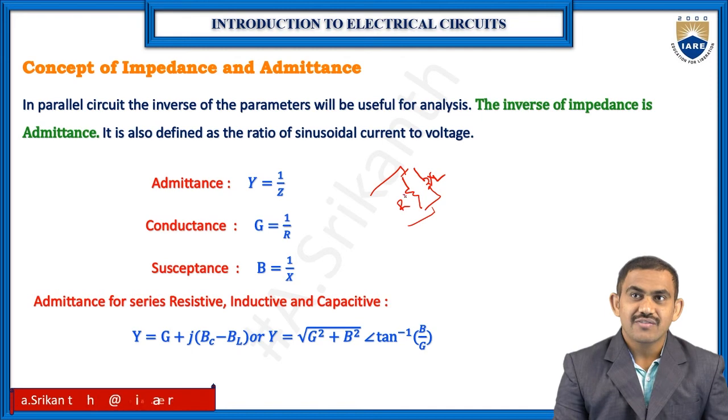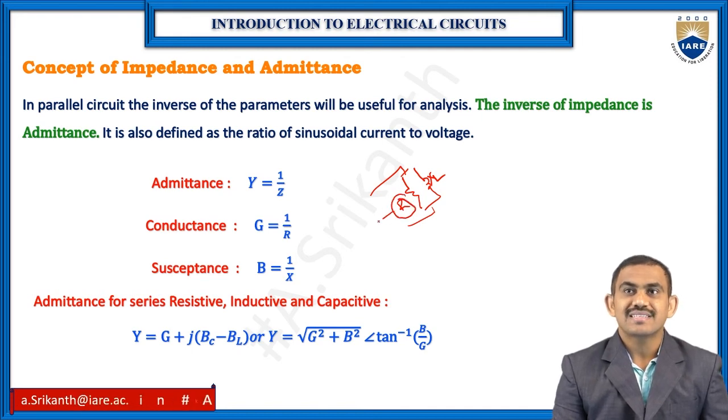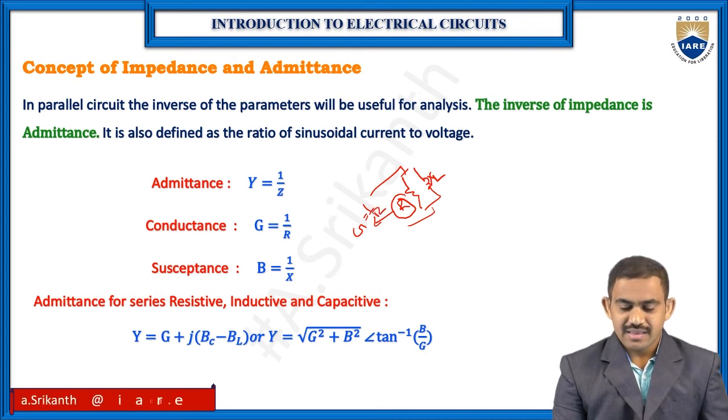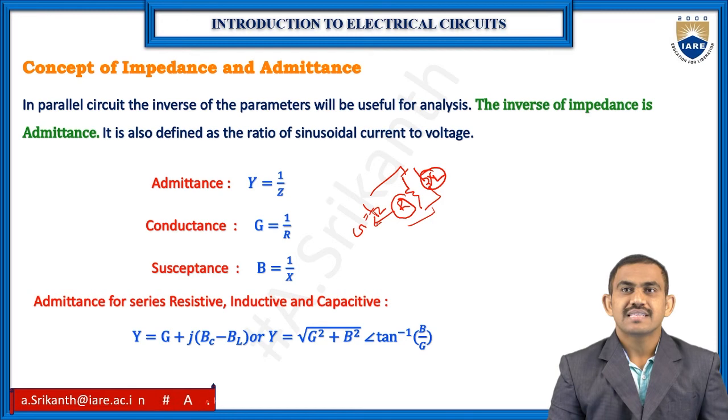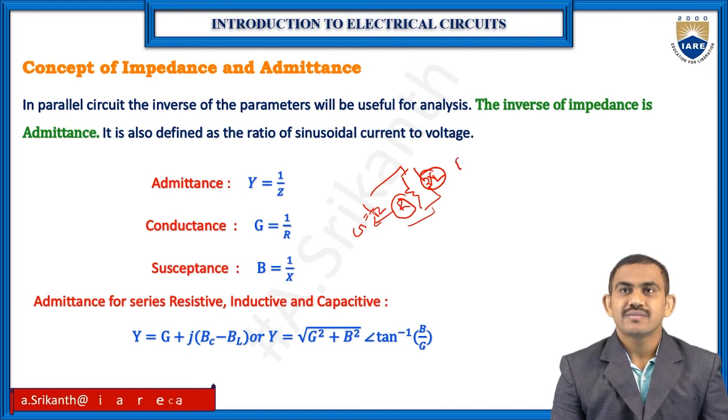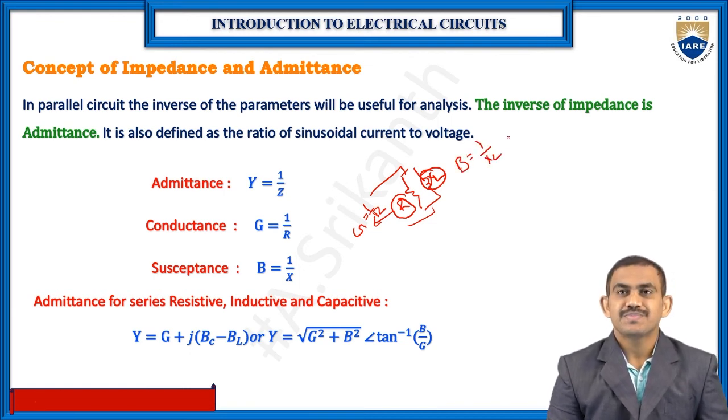You convert resistance to conductance, G, where G is 1 by R. Same thing, inductive reactance you convert into susceptance, that is 1 by XL.